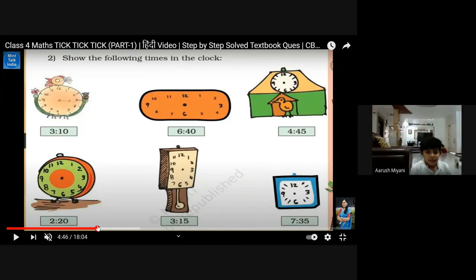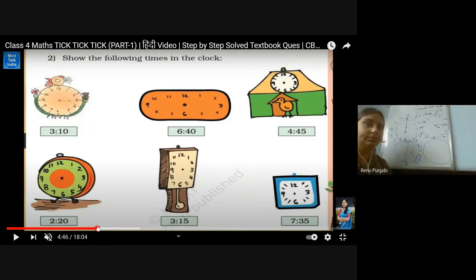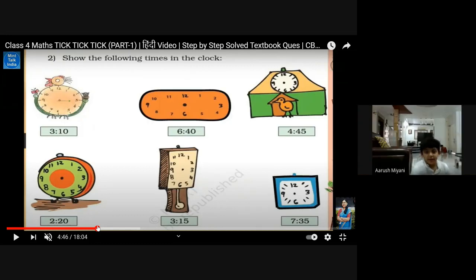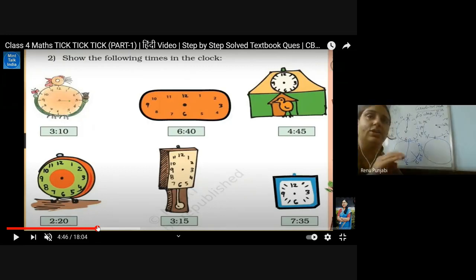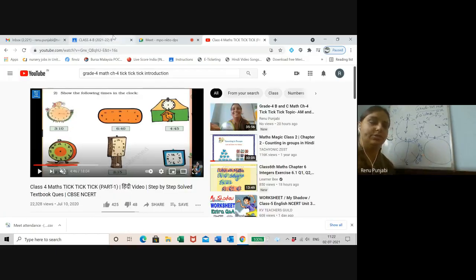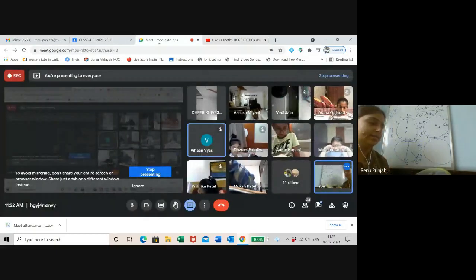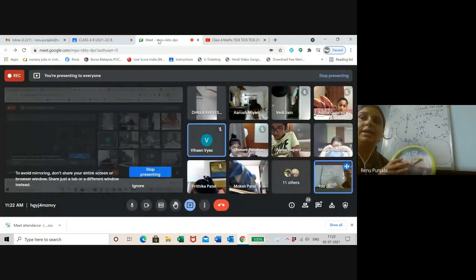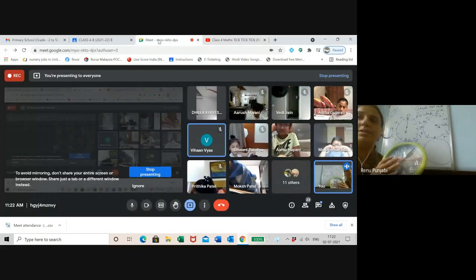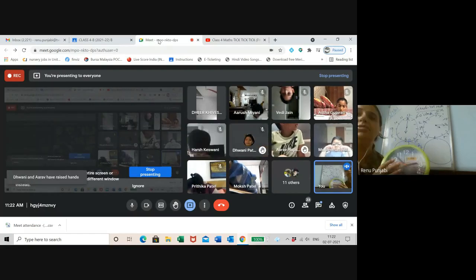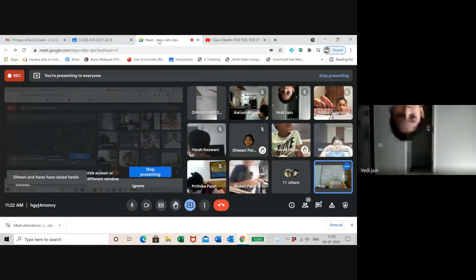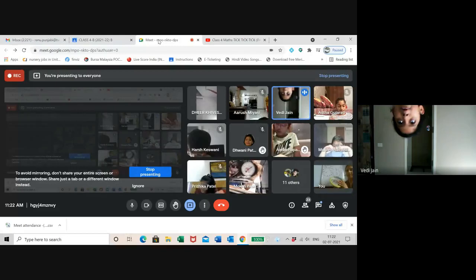Yes, ma'am. Small hand on 6 and big hand on 8. The small hand will not be exactly on 6. When it is 6:40, just check. Children, as we are learning time, I request you all to have a small clock with you so that you can practically do and see. Moksh, very good.